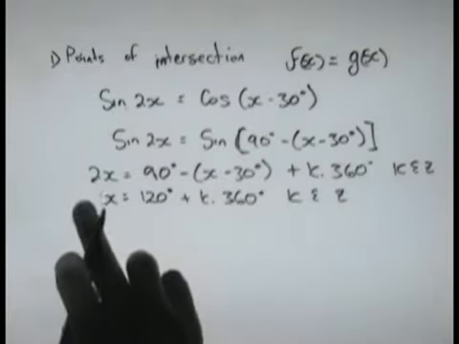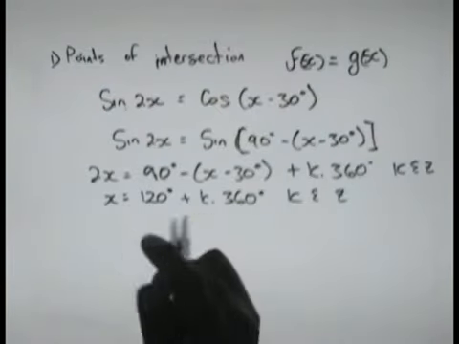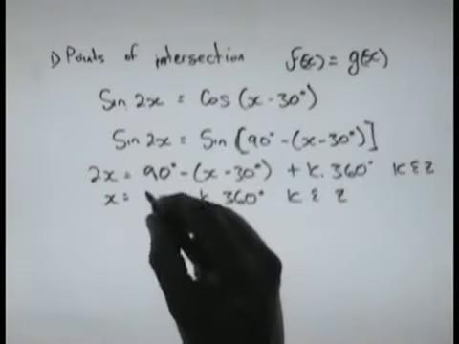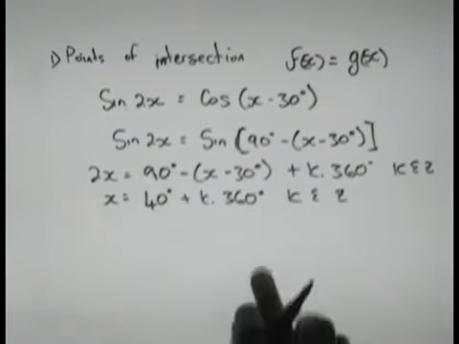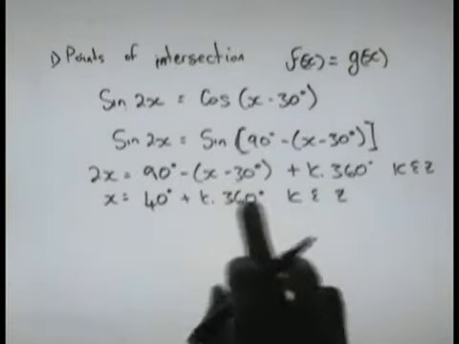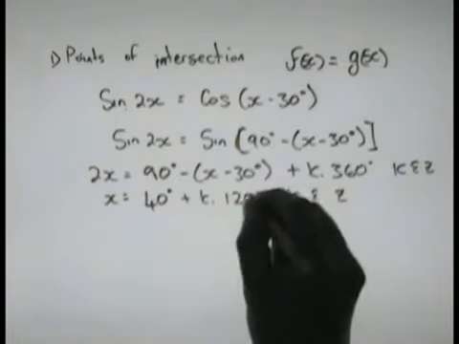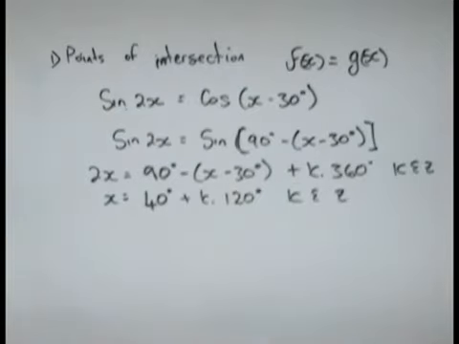That means that x is equal, to get x on its own we divide by 3. What we do to one side we do to the other side. That will be 40 degrees plus k times 360 divided by 3, which is 120 degrees.